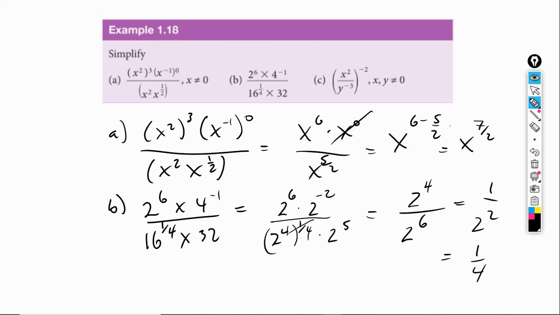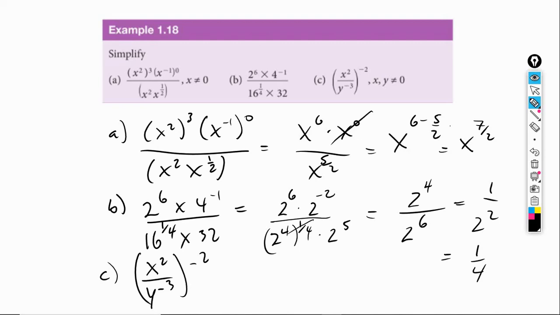And finally, for c, we have x squared over y to the minus 3. And all of this to the power of negative 2. Again, several ways of doing this. You can choose your own.